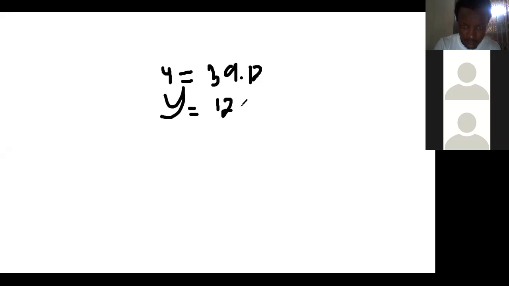Now we have two y values, but we have to check which of them will give us a maximum value. The first y value we had was 39.12. The second one was 12.89.